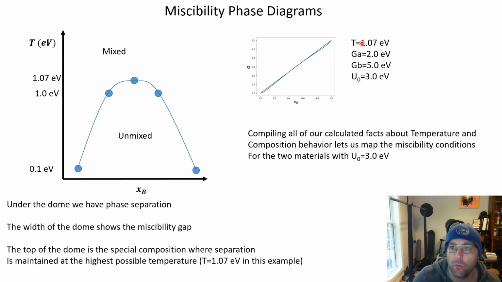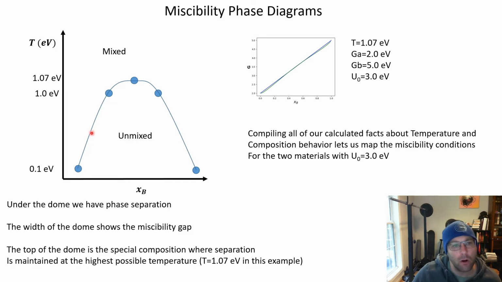Anyway, for t equals 1.07 eV, you have basically the green curve just barely kissing the blue curve, so that you have a really narrow spot where unmixed is equally favorable to mixed. If the blue and the green curve touch, mixing and phase separation are the same free energy.